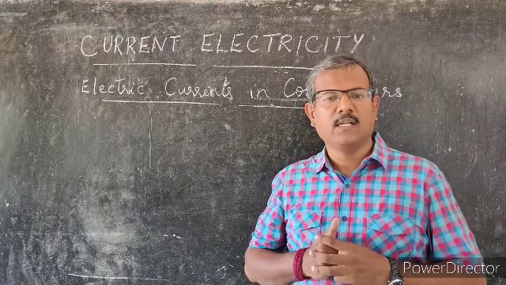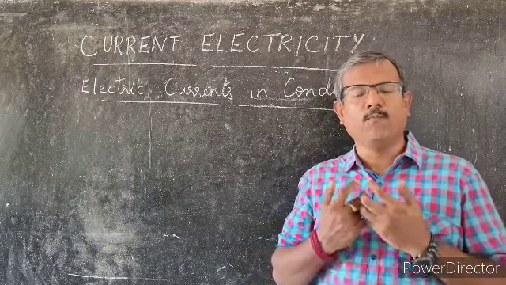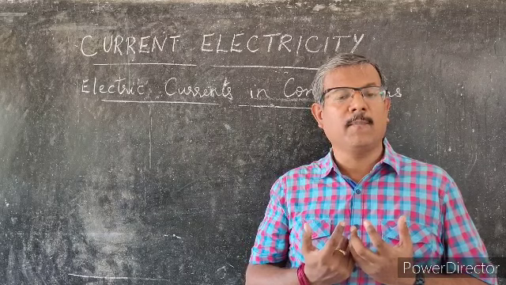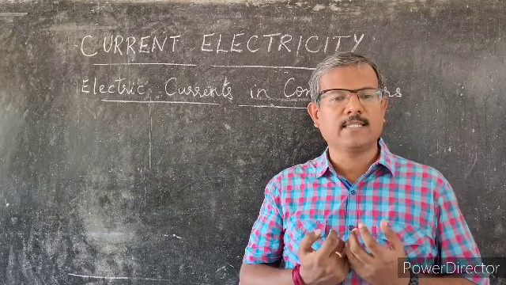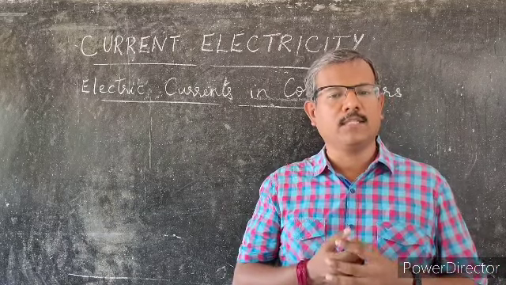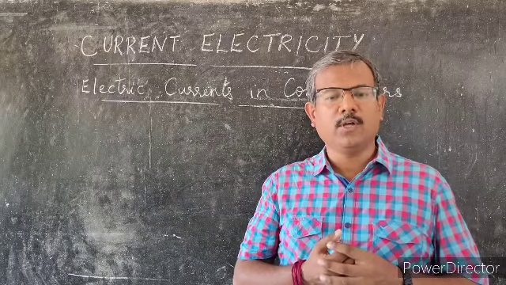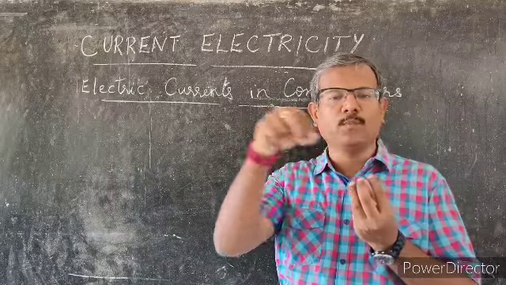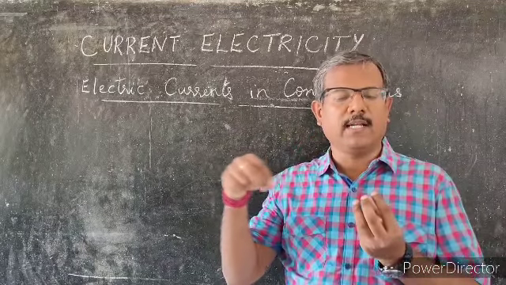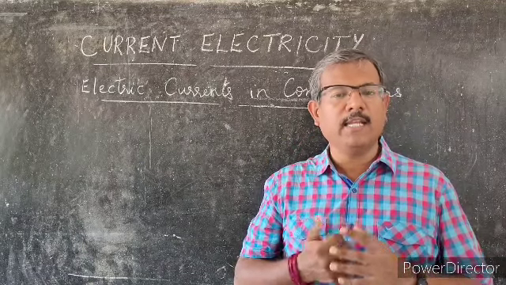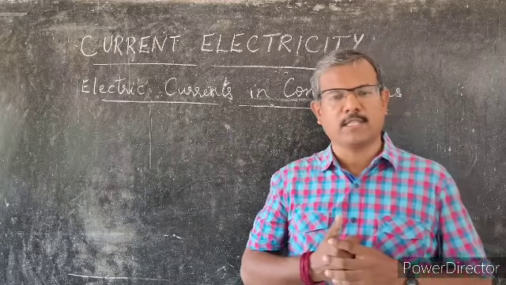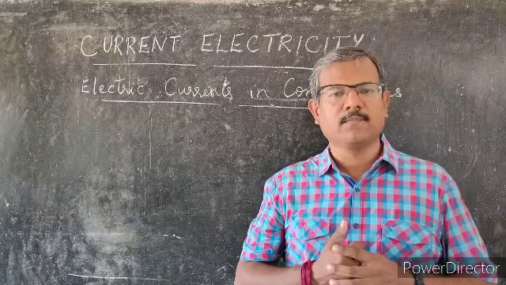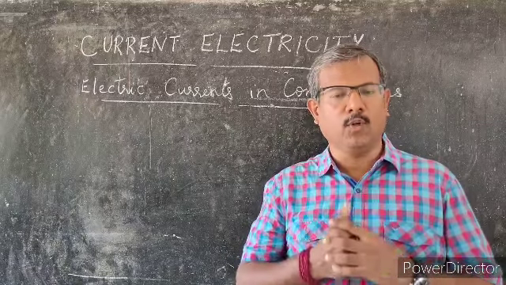And that's very clearly seen in the case of metals. In the case of metals, there are certain electrons that are not bound to any particular nuclei. Rather, they are free to move within the bulk of the conductor. Similarly, in the case of electrolytic solutions, you have both positive and negative ions that are freely able to flow.